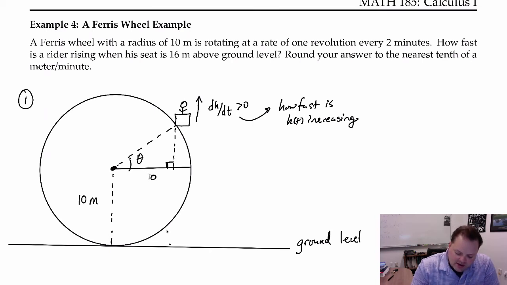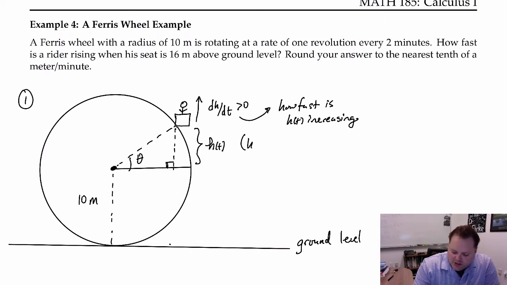So we know that entire length of that side is 10, which isn't going to be a big deal. Rather than look at the entire length here, we know this distance is going to be 10, and this distance would be another 6. So I'm thinking of this distance as being my h of t.